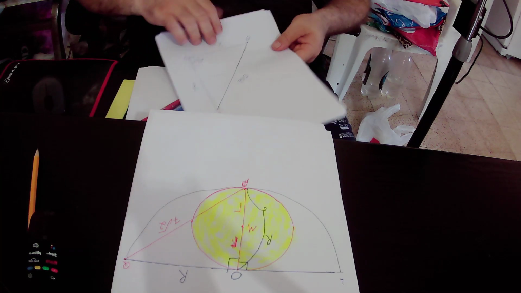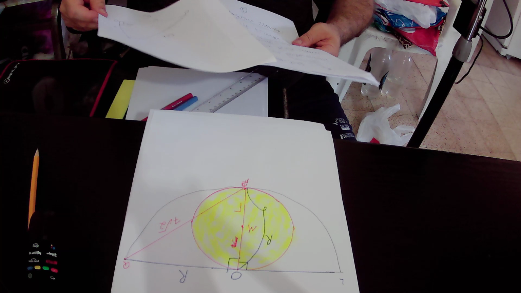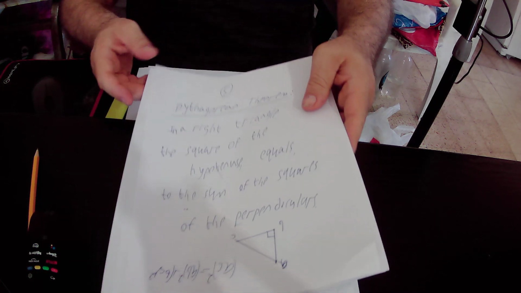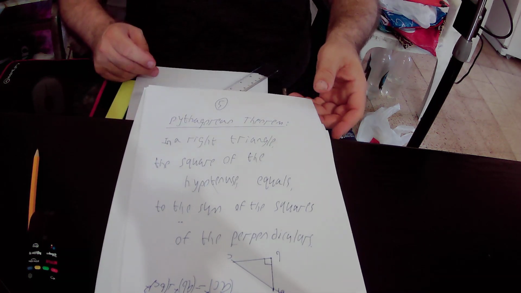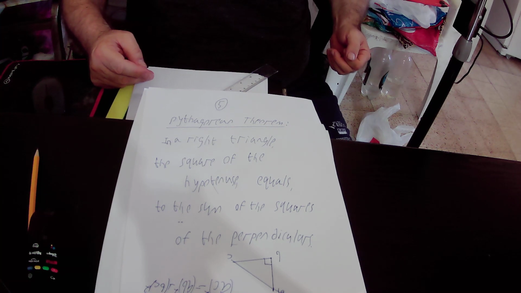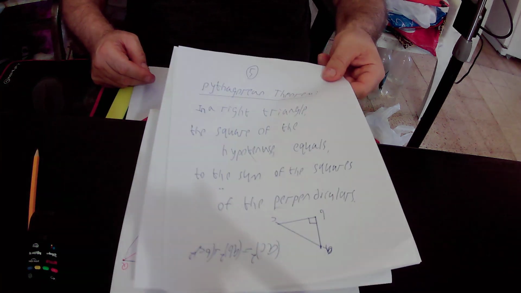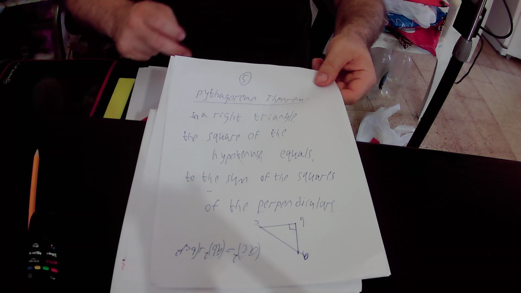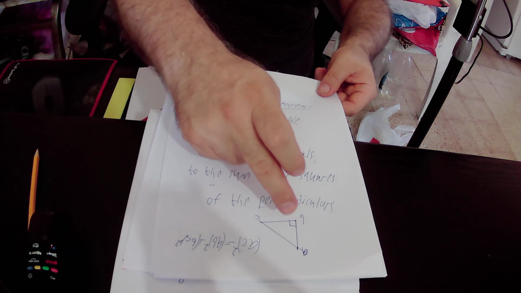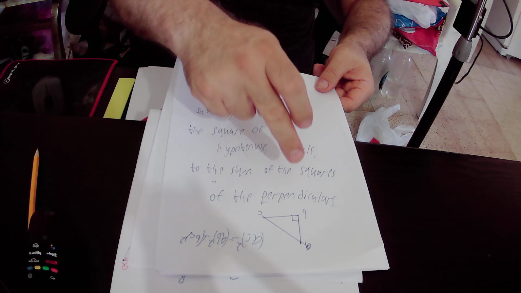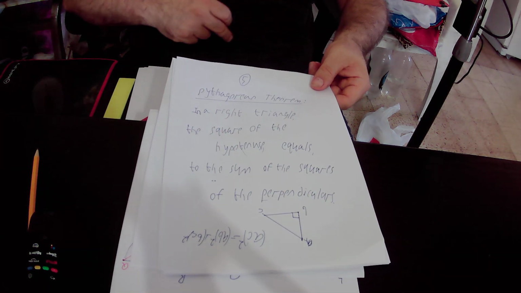So we can apply the Pythagorean theorem in order to find the value of capital R. The Pythagorean theorem states that in a right triangle, the square of the hypotenuse equals the sum of the squares of the perpendicular sides, or in other words, AC squared equals AB squared plus BC squared.